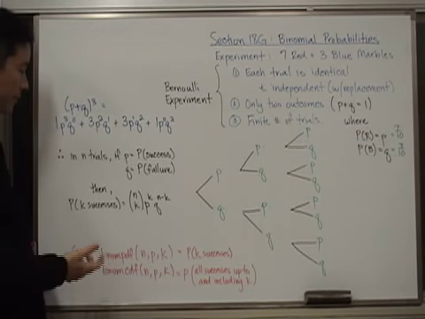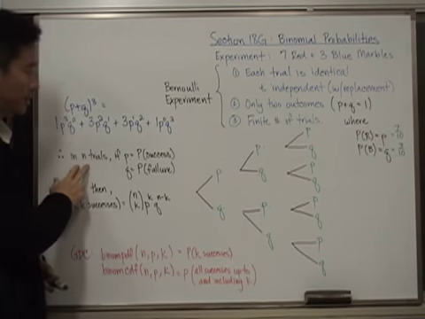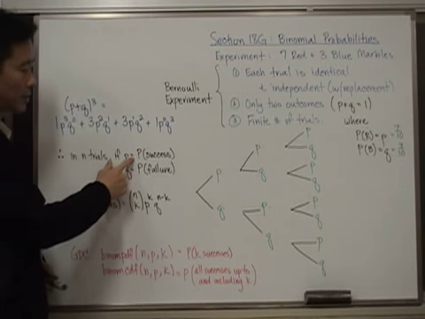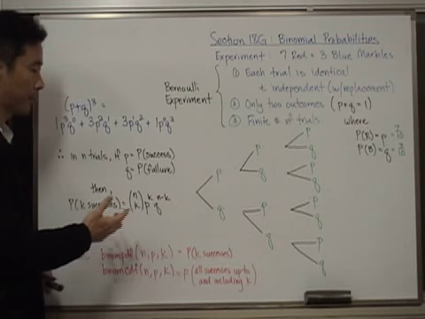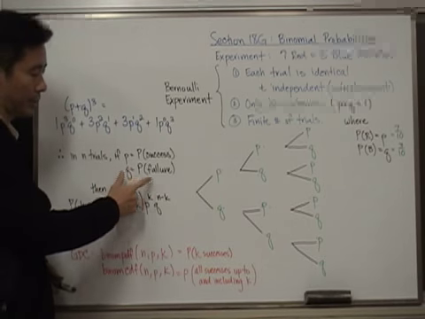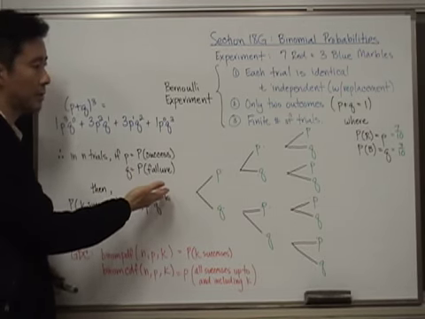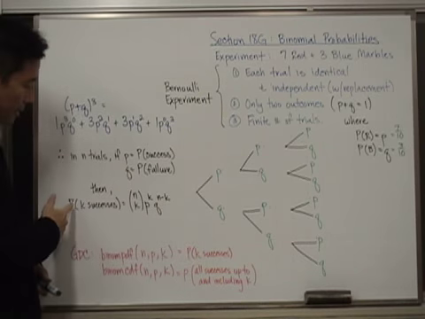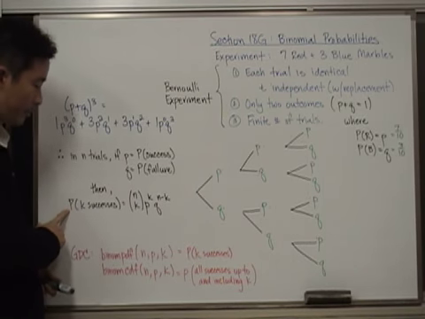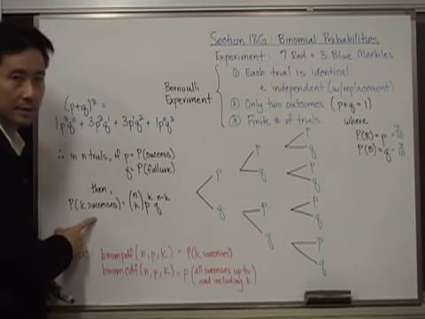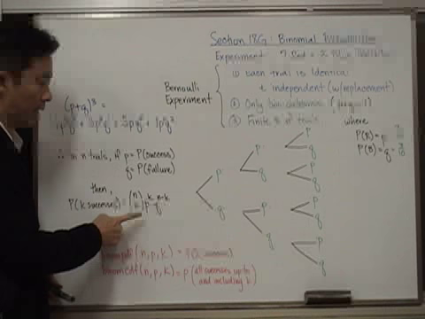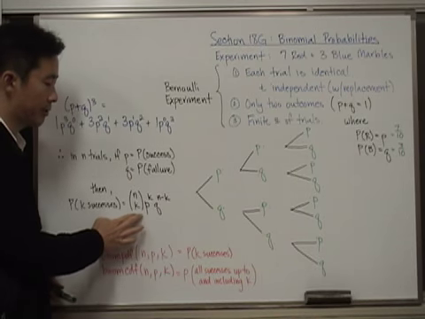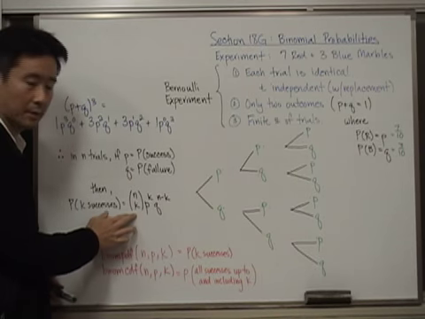So in general, in n trials, if P is the probability of success (whatever that success is, you determine) and Q is the probability of failure, which would be the opposite of success, then if we wanted to find the probability of K successes, all we need to do is find the associated value in the expansion, and this is what it looks like. All of us are familiar already with what this represents.